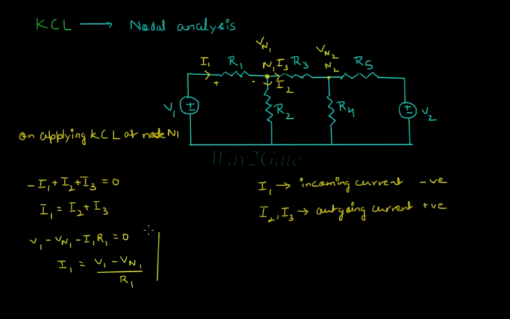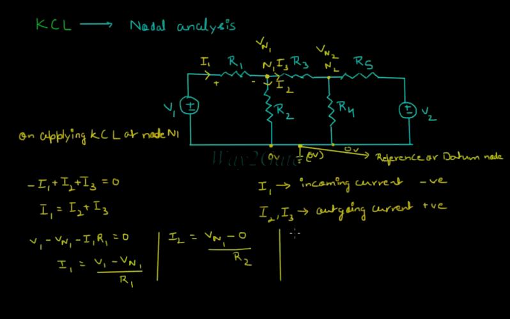Next is current I2, which is due to the potential difference between Vn1 and ground, that is at 0 volts, and as discussed before, it is also called the reference or datum node. Therefore, we can write I2 is equal to Vn1 minus 0 divided by R2.